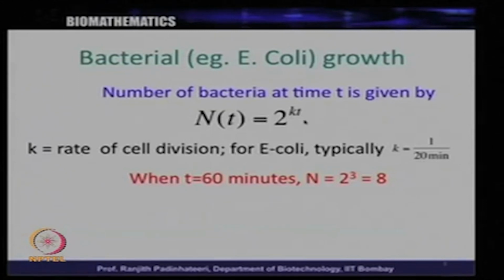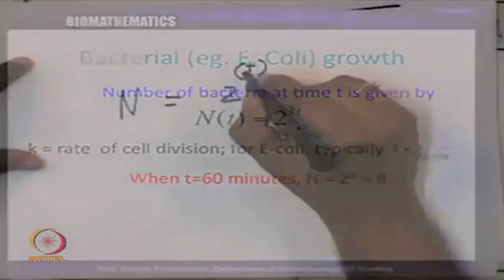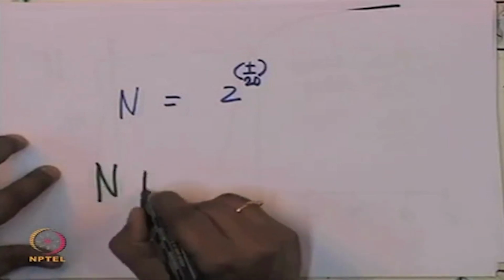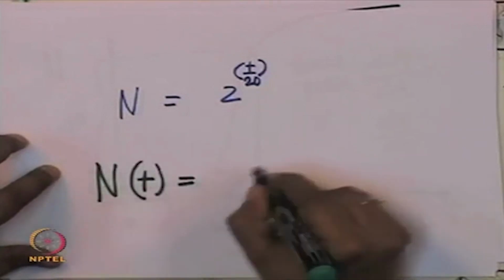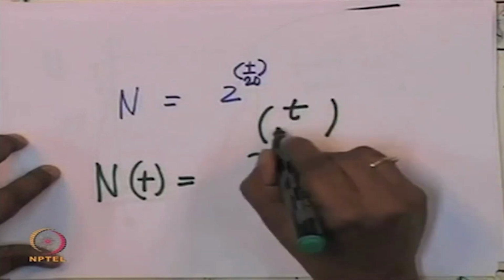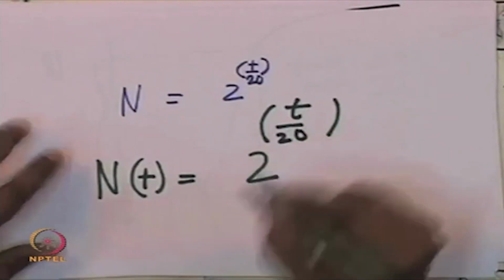If you take t in minutes, k is 1 over 20 per minute. So, n of t is 2 power t by 20. Let me write it again more clearly. So, at any time t it is 2 power t divided by 20, where t is time in minutes.